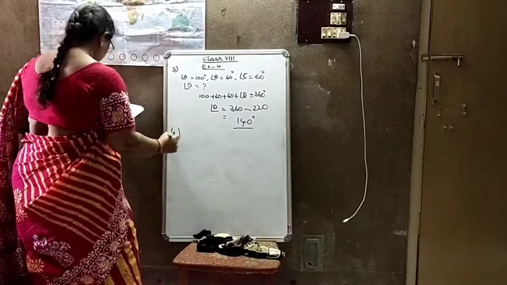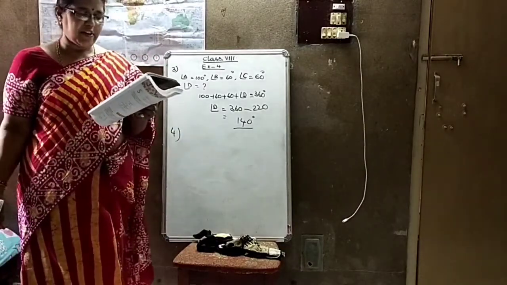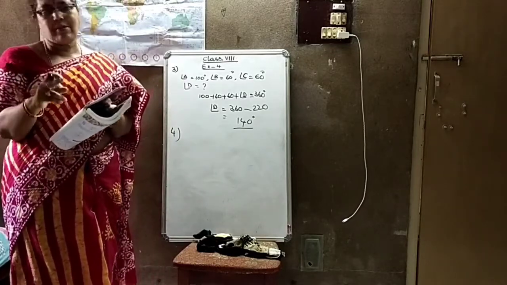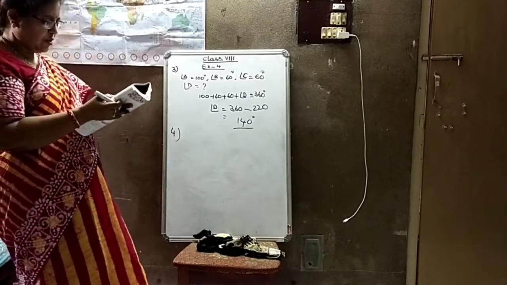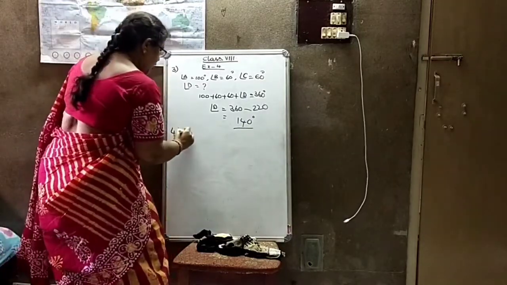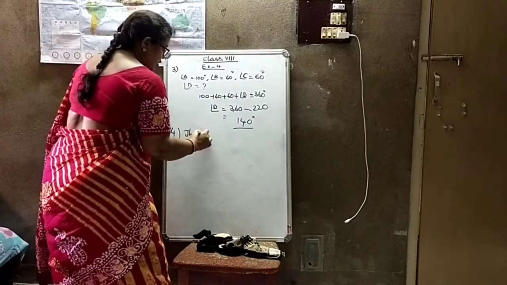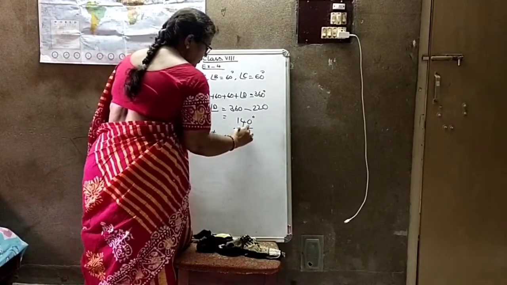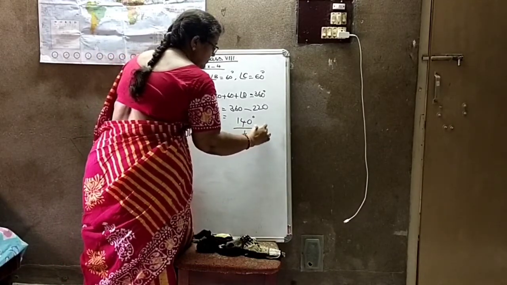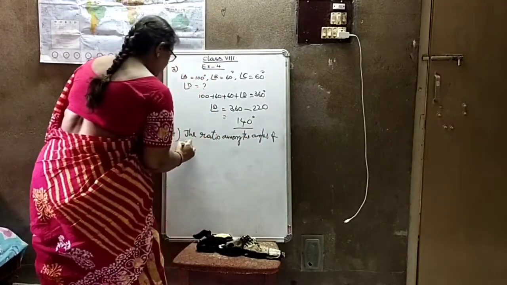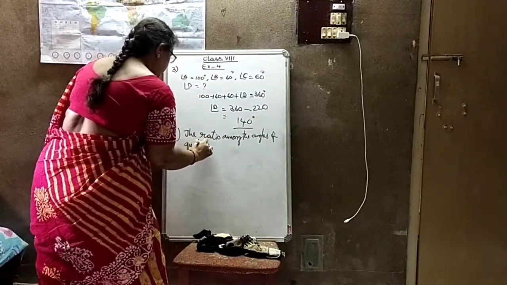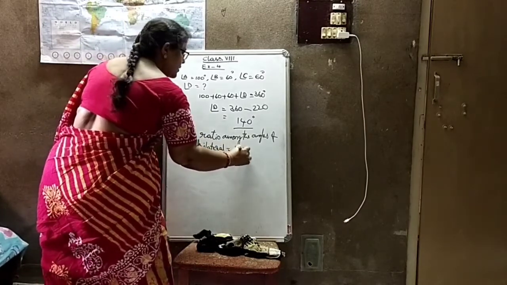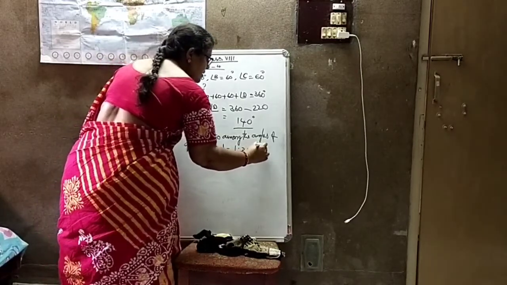We are coming to the fourth question. The angles of a quadrilateral are in the ratio 1:3:5:6. Find the measure of the smallest angle. This question is important and the model is important. The ratio among the angles of a quadrilateral is 1:3:5:6.